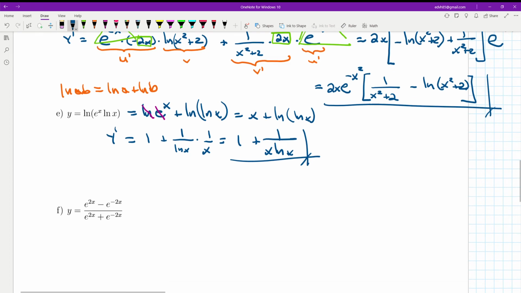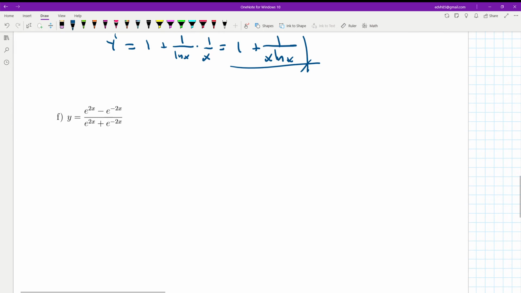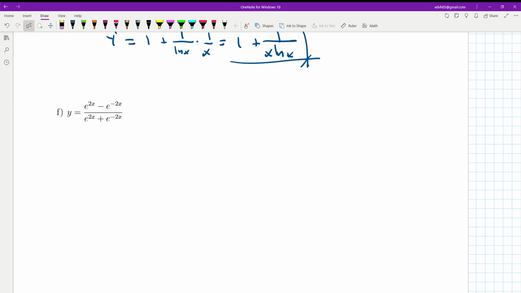Okay, so let's look at letter F. For letter F, we have this ugly looking exponential function for which we're going to use the quotient rule and also a mini chain rule. Let's write the derivative of the quotient again: u prime v minus v prime u over v squared.